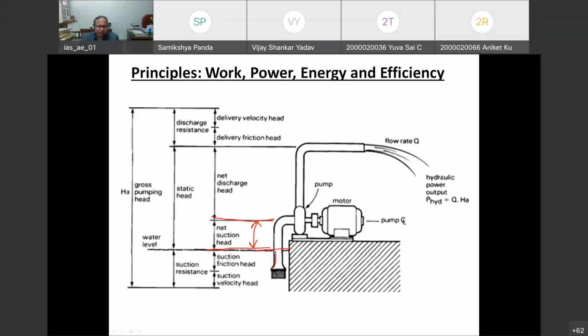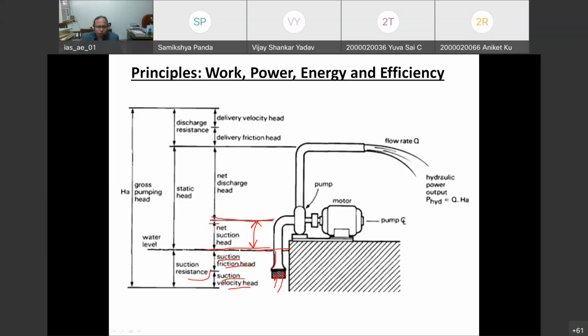So this is the suction friction head and suction velocity head, meaning water will enter with some velocity, so definitely velocity head will be there.